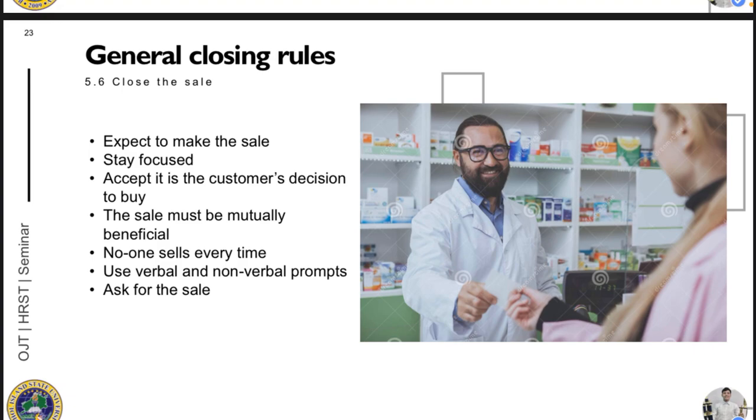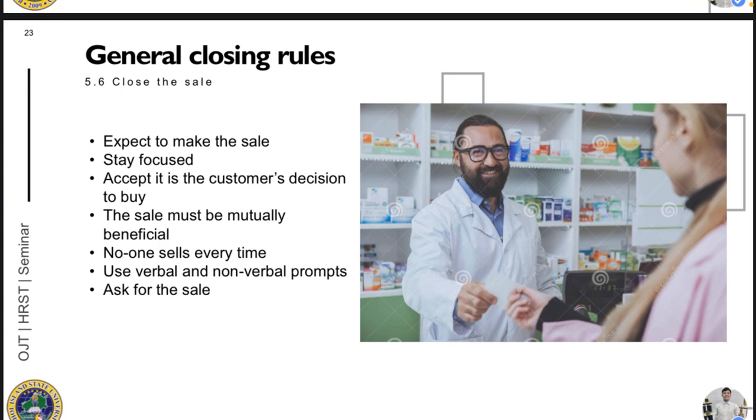No one sells every time. No salesperson has ever turned every encounter with a customer into a sale. You will not win every time. This is a fact of life. Okay? Remember, we are not perfect. At the same time, our customer is also not perfect. Sometimes we encounter failures.